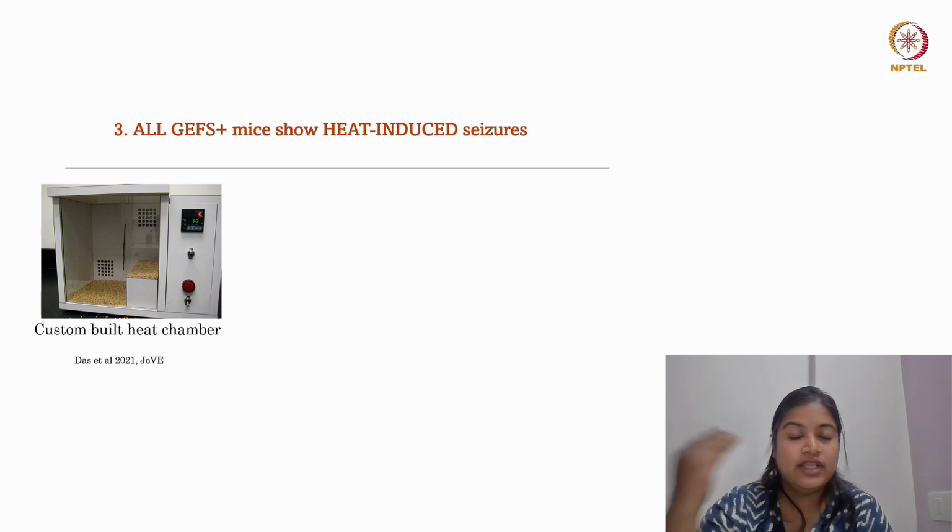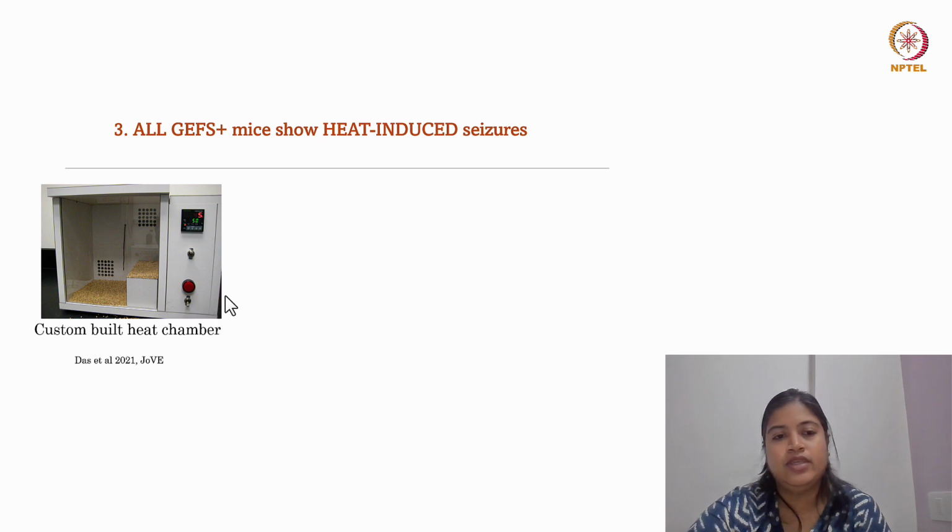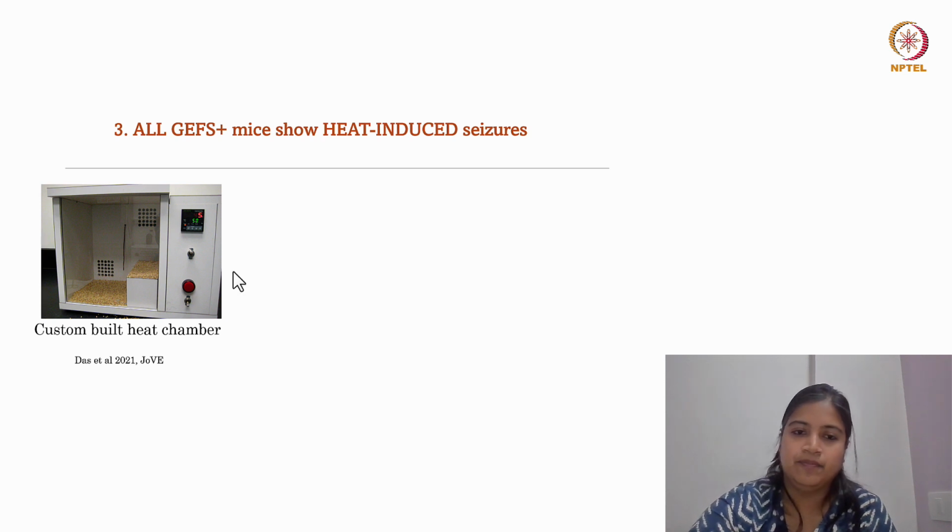But since we know that GEFS plus patients have febrile seizures, we wanted to see if the mice were exposed to high body temperatures, would they undergo seizures? In order to do that, we constructed this heat chamber in which we could control the heat inside the chamber, and we could place a mouse and monitor its body temperature with a rectal thermometer.